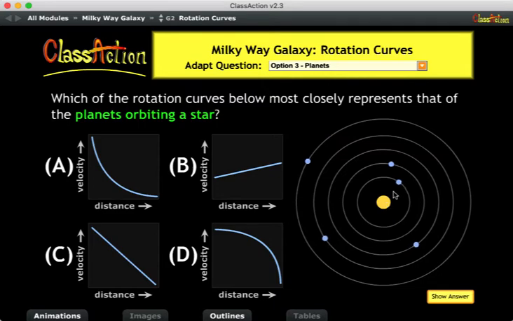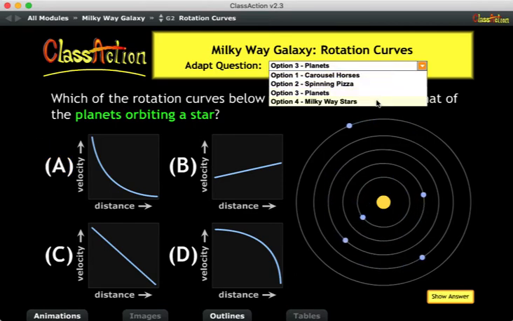This is gravitational orbits where all of the mass of the system is located at the center, in this case in the sun. And in this case, Mercury is moving faster than Venus, moving faster than Earth, Mars, and Jupiter. And that is not a linear downward trend, but it is a curving downward trend like this. So this is a Keplerian curve, looks like this. That's something you should just know. The answer is A.